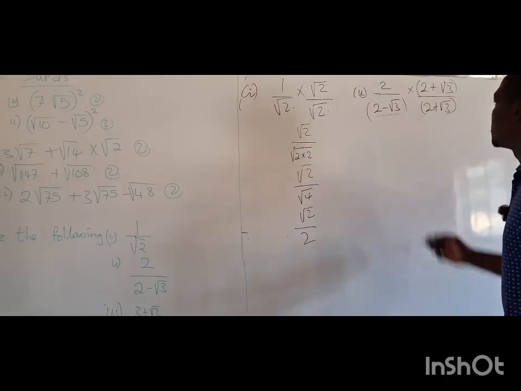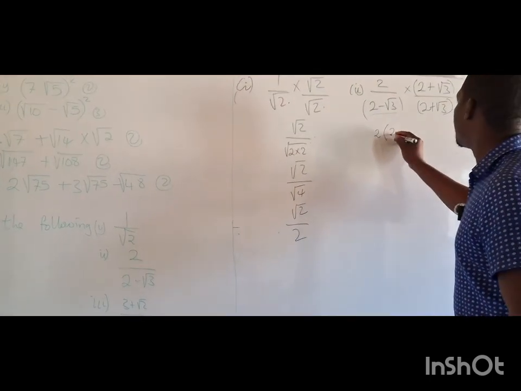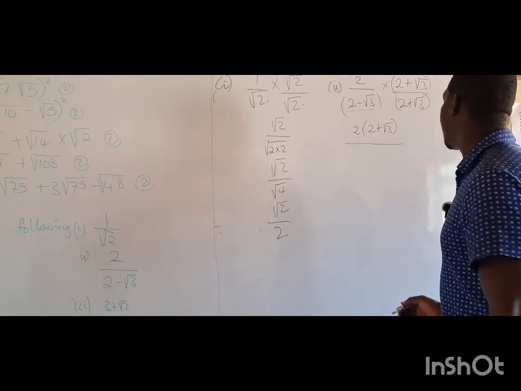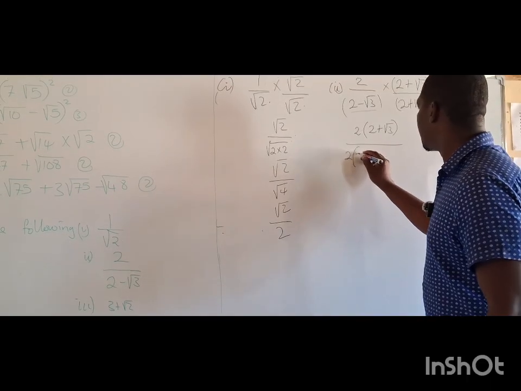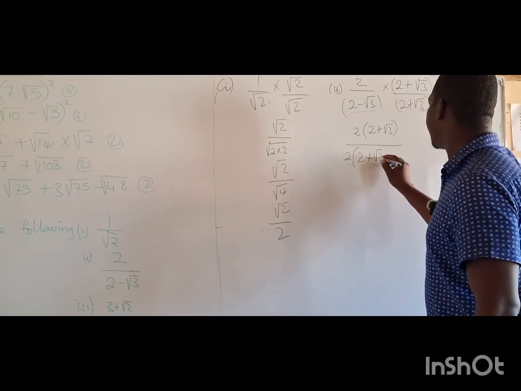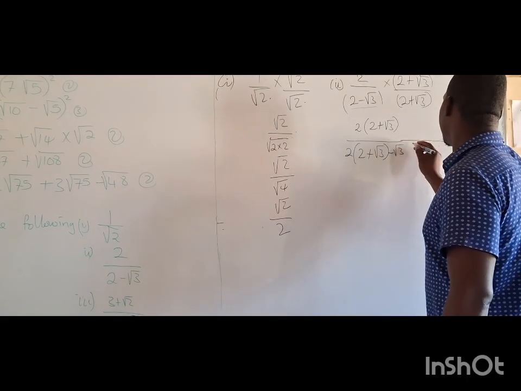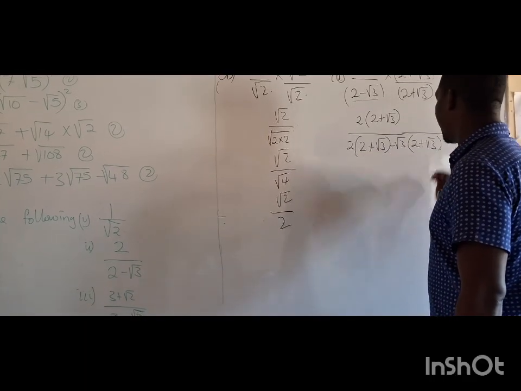Right, so this one on top will multiply that one, having 2 plus root 3. And then this one, first bracket affect second bracket, you are saying 2 minus root 3 multiplies 2 plus root 3.